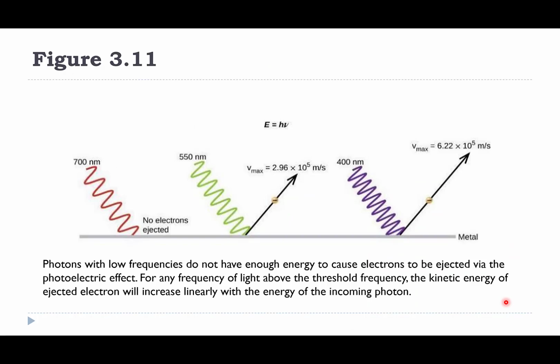So what we see here is, instead of talking about baseballs and bats, we see actual results. So I use a red light. Red light has a longer wavelength, lower in energy. And we see no electrons come off. I use a green light. The green light is a little bit higher in frequency, higher in energy, a little smaller wavelength.